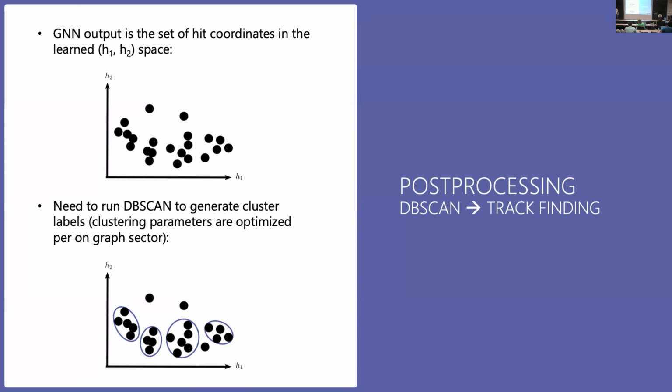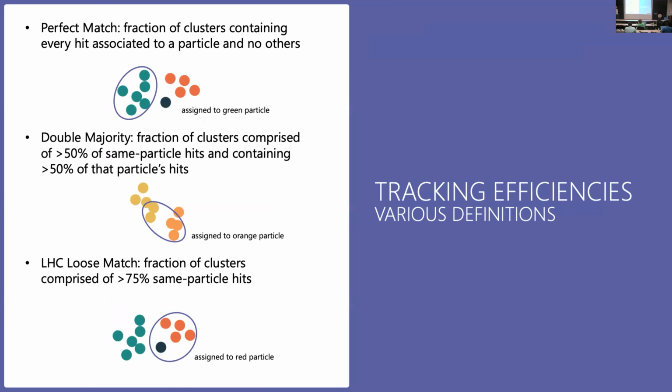The author of the object condensation paper proposes one method, but here we've stuck to dbScan, which is density-based spatial clustering. dbScan has a few tunable parameters, so per graph sector, you can turn the knobs and get reasonable performance. At the end of the day, you run dbScan and it draws some cluster circles around your hits, and then you've got it. That should be your collection of tracks.